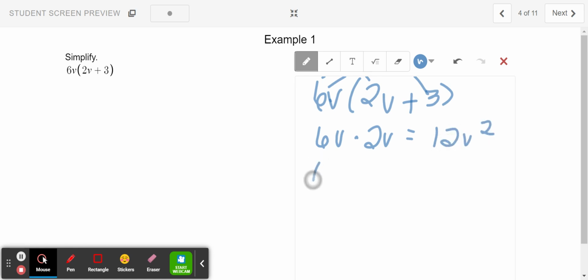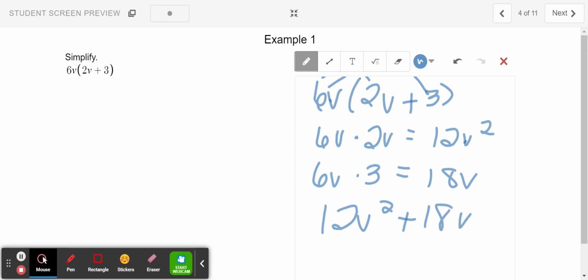And then 6v times 3, I'm just going to multiply the 3 and the 6, and I get 18v. So I would simplify that just by adding those two, the 12v squared and the 18v. So I get 12v squared plus 18v. And that's my answer to that one.